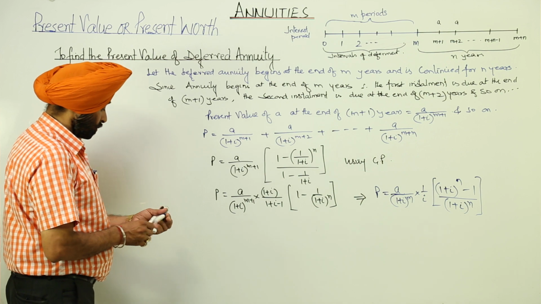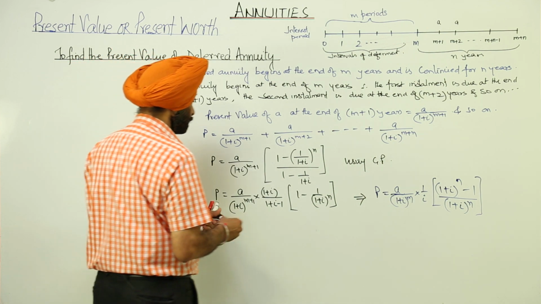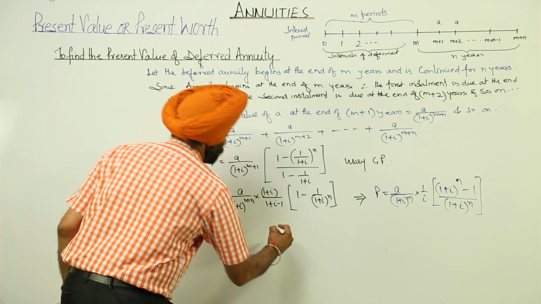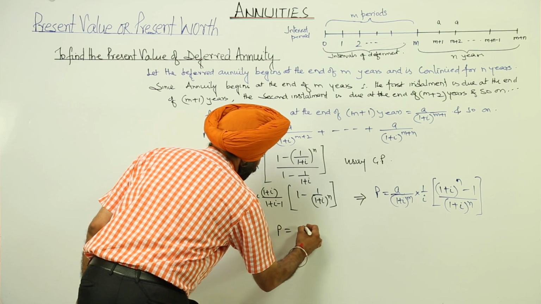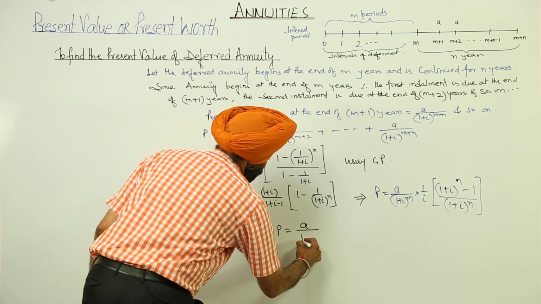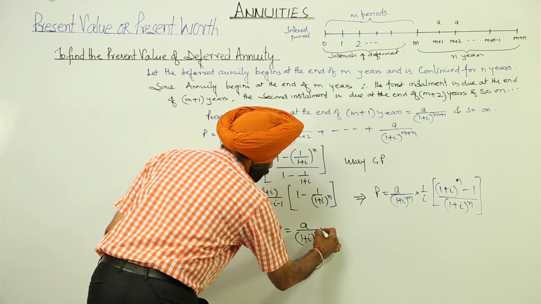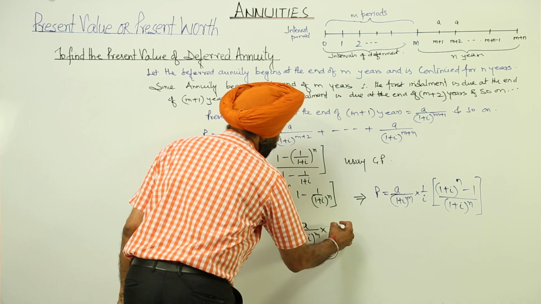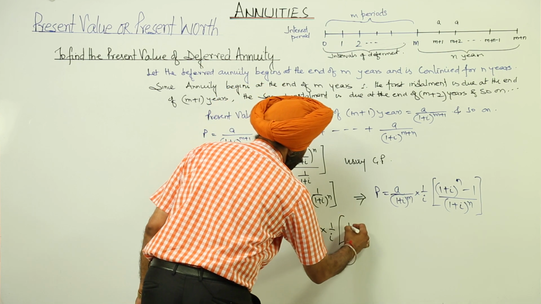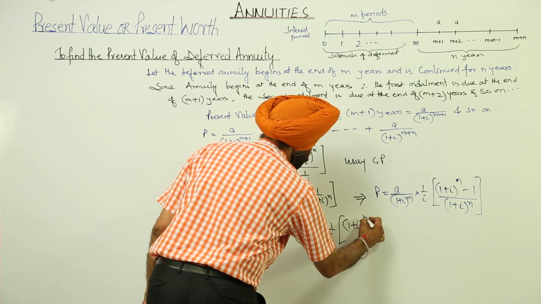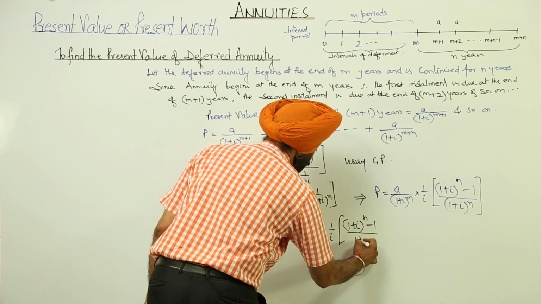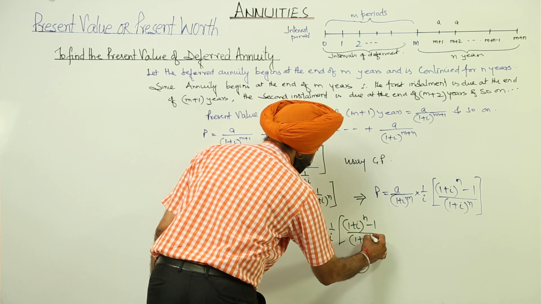Now finally we can write P is equal to A upon (1 plus I) to the power m, with 1 upon I, with (1 plus I) raised to power n minus 1 upon (1 plus I) raised to power n.